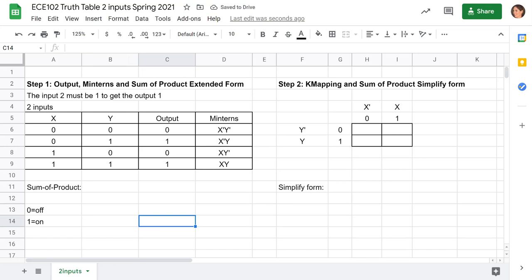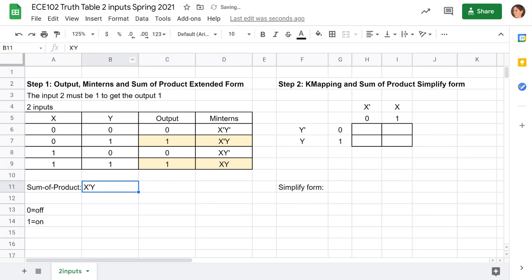Okay, so now, which conditions lead to an output 1? That's the sum of product, extended form. So for the sum of product, write it in the column B, that will be the minterms when the output is 1. So we have X prime Y, this one. Let me highlight my 1 and this one.